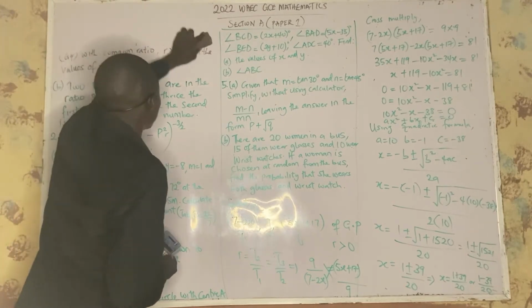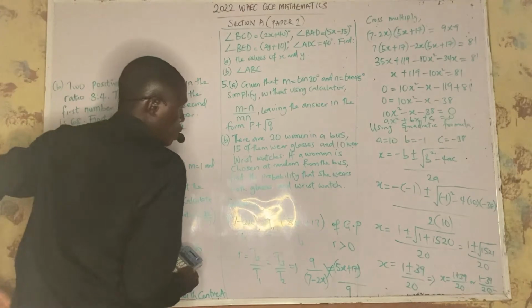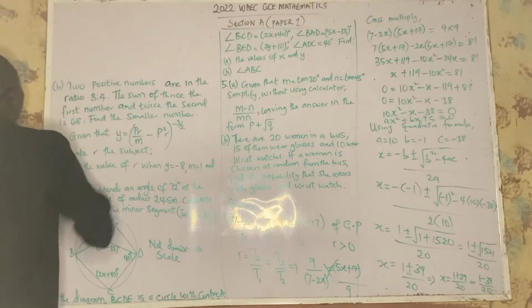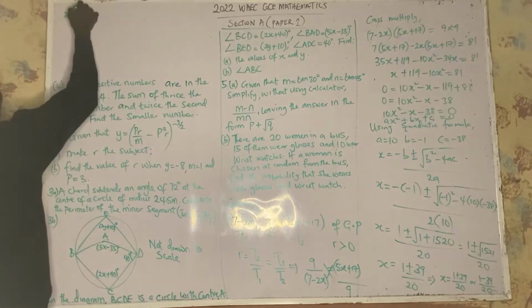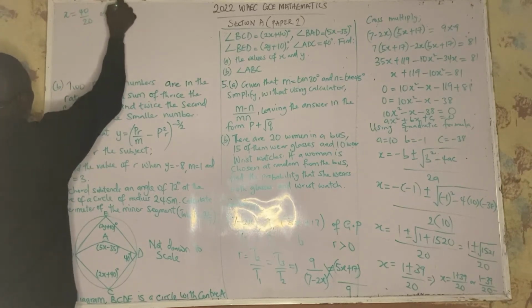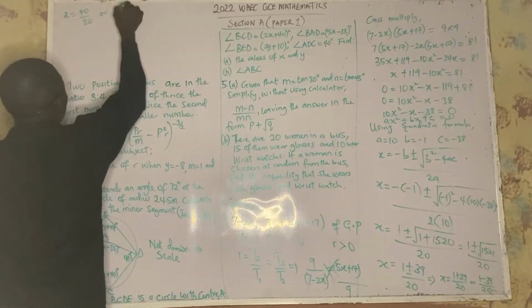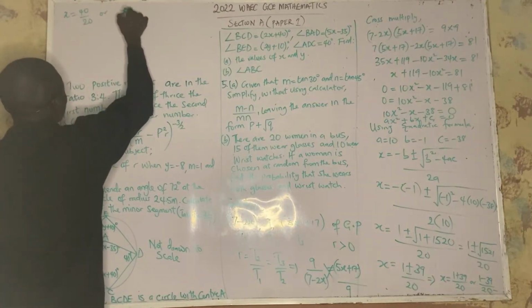Let me clean this side off. So x is equal to 40 divided by 20, or 1 minus 39 is minus 38 over 20.